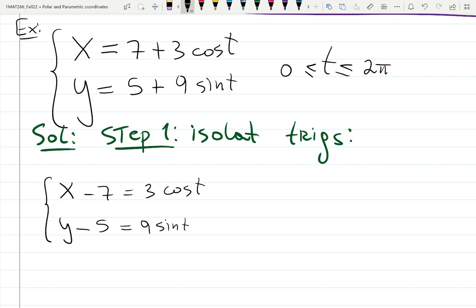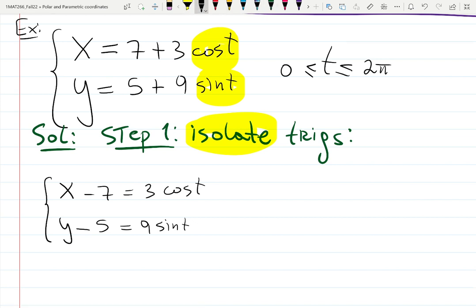That is still not enough, because when I square the right-hand side, it will be 3 and 9, and they cannot be factored out. So I'm going to isolate completely. I want cosine and sine standing by themselves with the equal sign, with nothing around them. That means complete isolation. One of the students told me this very nice term, isolate, with an E at the end. Isolate. Nice.